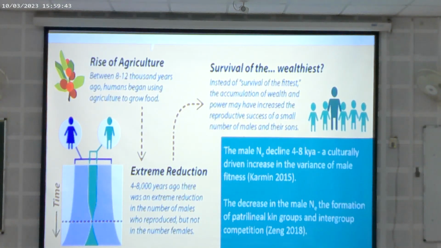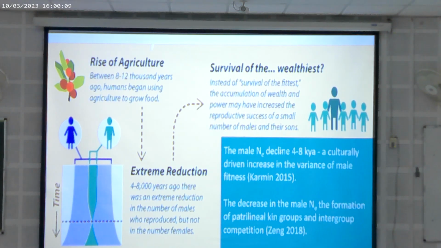So taking all this together, this hypothesis of a cultural effect is that somewhere between 8 and 12,000 years ago there was a rise of agriculture, and humans started to raise and grow food, and then the accumulation of wealth was unequal.